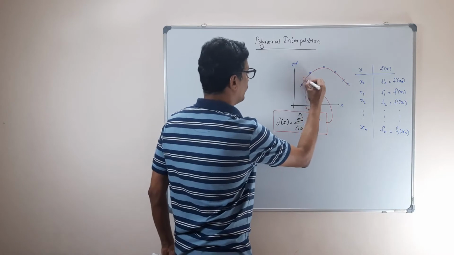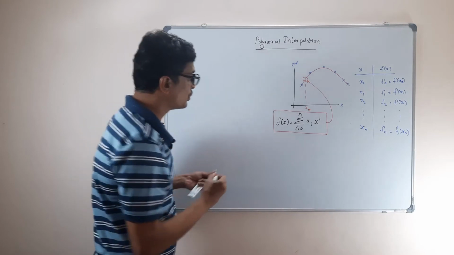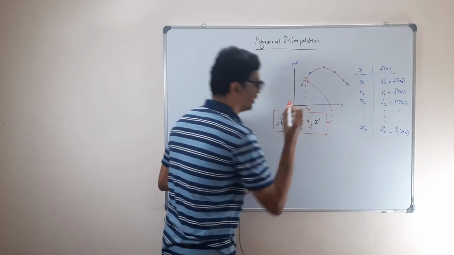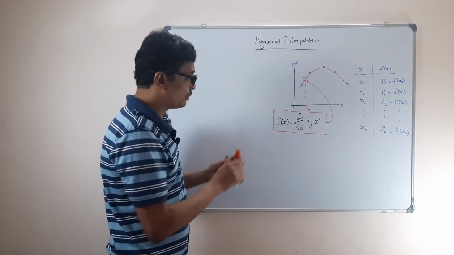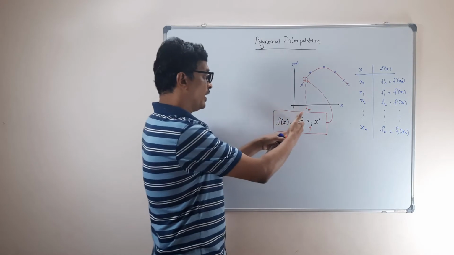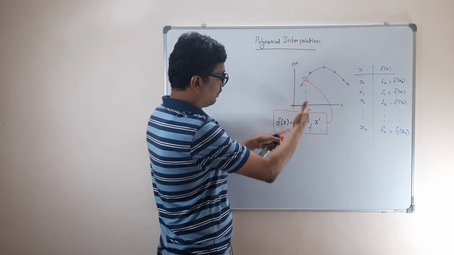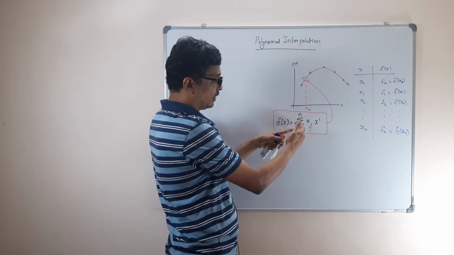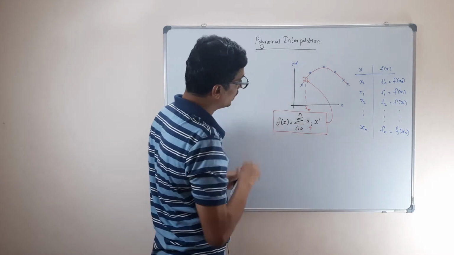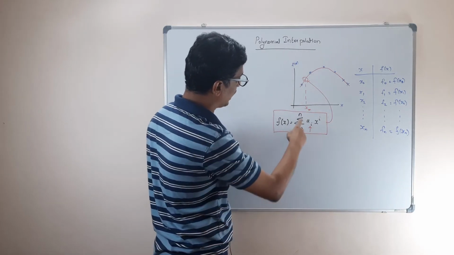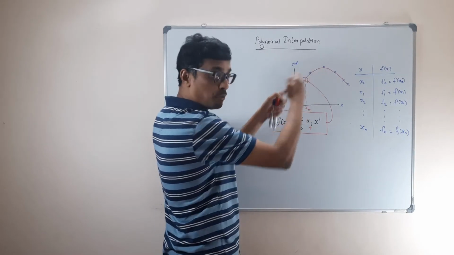To construct the polynomial, the quantities I need to know are the a_i, the coefficients, and these coefficients are the unknowns. If I have an nth order polynomial with a from 0 to n, then I have n plus 1 unknowns. So when I have n plus 1 unknowns, I need at least that many points.